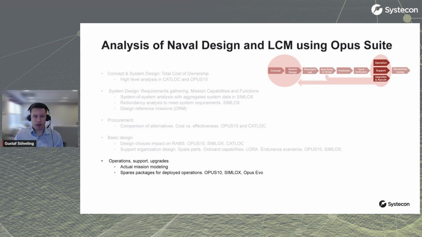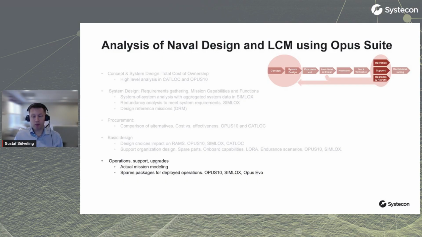A typical use case here for all these areas combined is to optimize spare packages for deployed operations. So deployed operations in this case means that we leave port, we are able to carry some stock with us, we have capabilities to perform some maintenance on board, and we're going to be out and operating for a relatively short period of time.